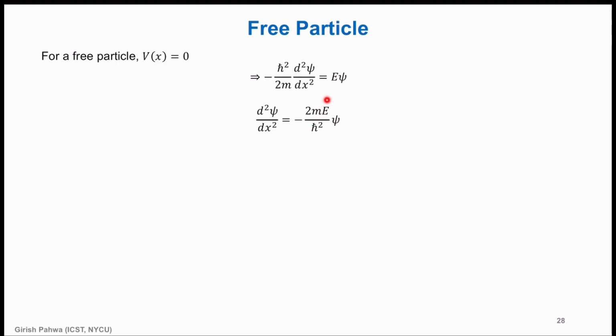It's some constant. Let me take this on the left hand side, that will come plus. So this is what I have to solve. How do I solve it? It's the simplest second order differential equation. How do you solve this equation?